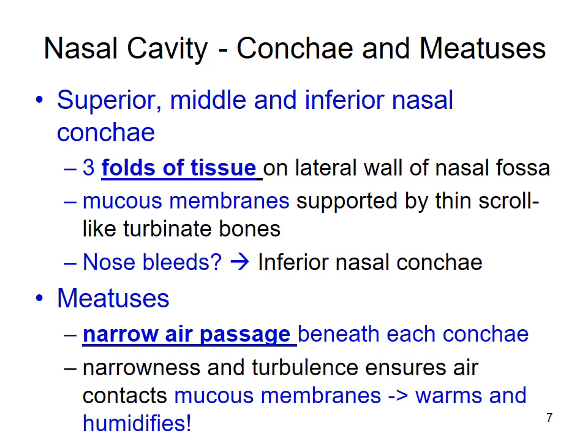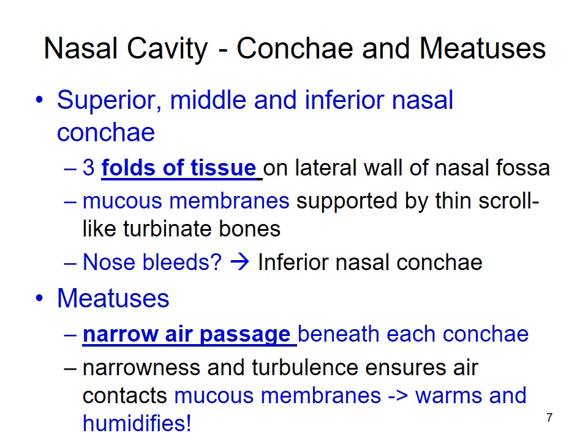We see that these folds have lots of mucous membranes, and because they're engorged with blood vessels, if there's an injury to it, it can cause a nosebleed. In fact, for many of us, if we've ever experienced a nosebleed, it's because there's been some type of injury to the inferior nasal conchae, which then allows us to bleed outside of the nostrils.